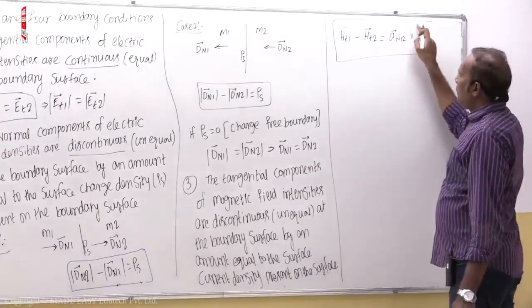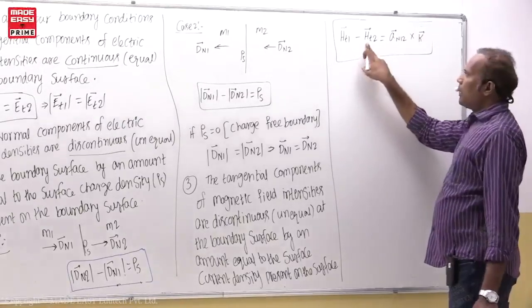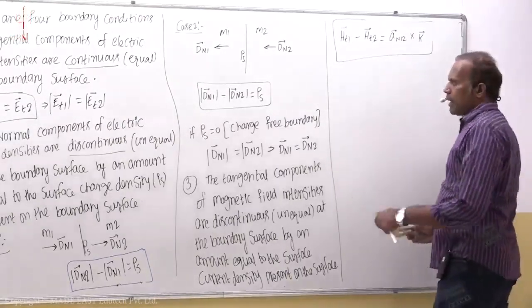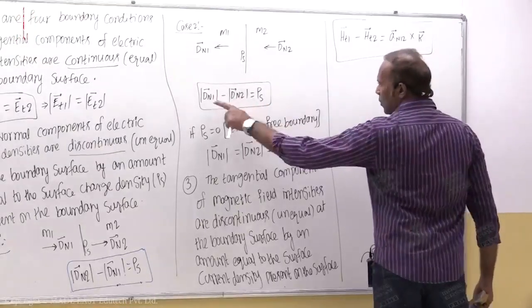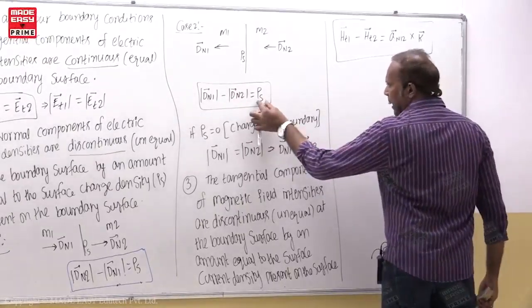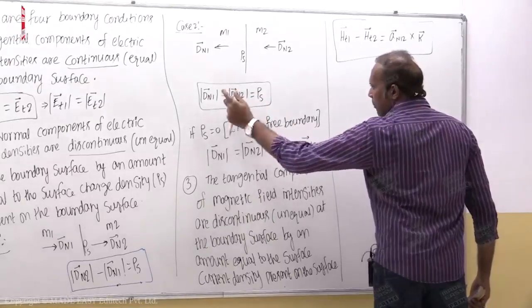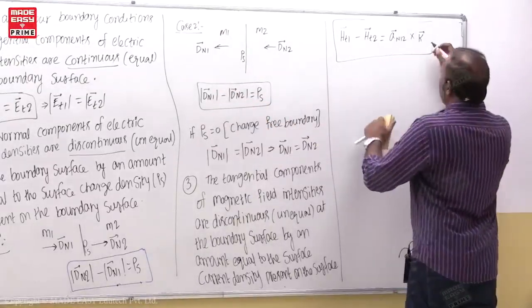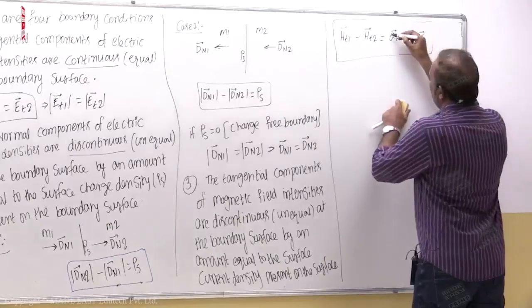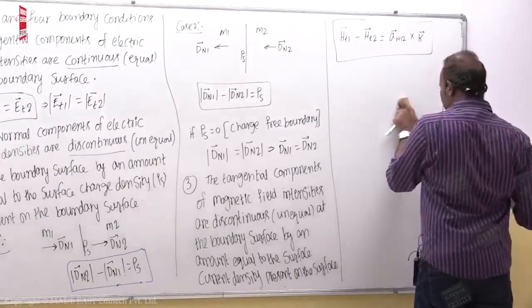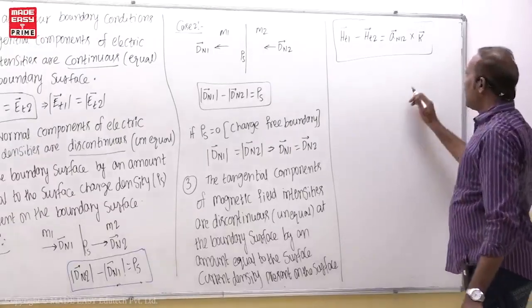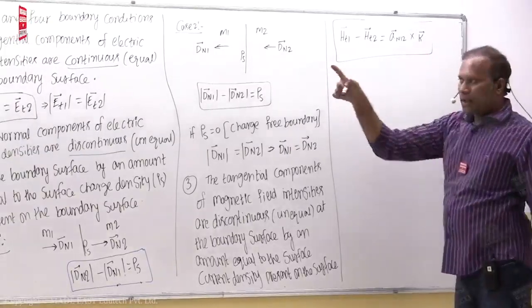So overall unit is ampere per meter. This is also ampere per meter, this is also ampere per meter. Here also the unit of this is coulomb per meter square, coulomb per meter square. This is scalar, so that is why this side also they are in modulus form. But here this is vector, so this overall is vector, and this is also in vector form, students.